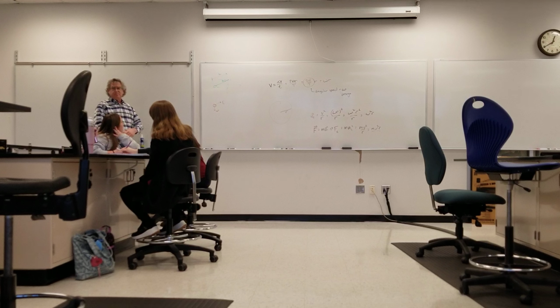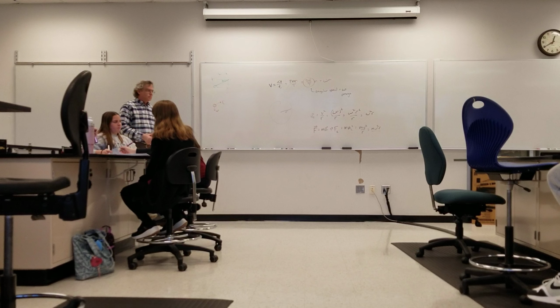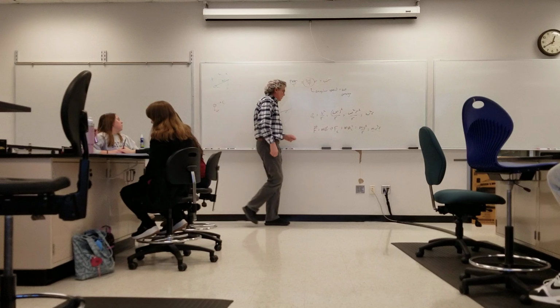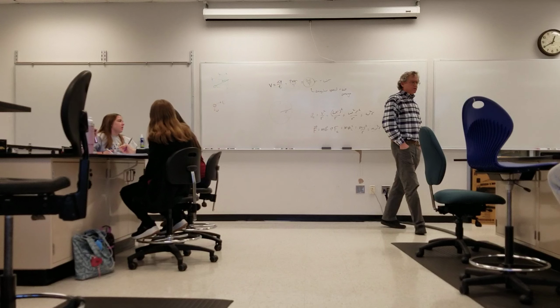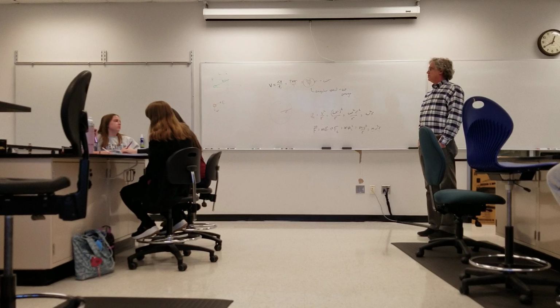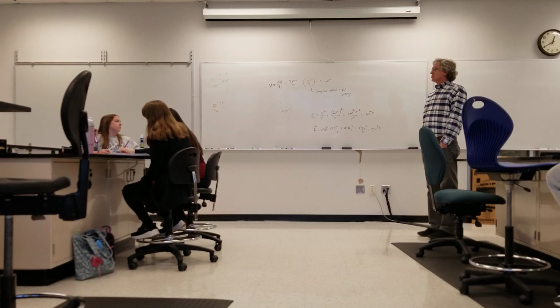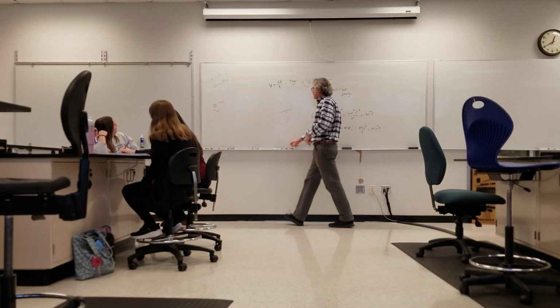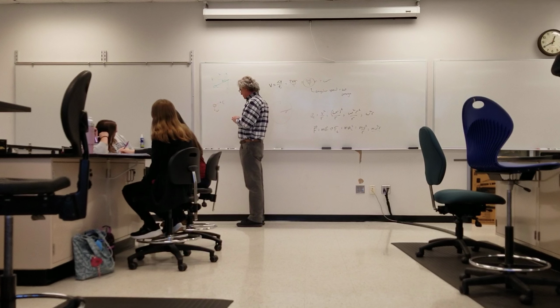Anything else? All right, so this is the force diagram. What is the direction of acceleration? The center. In which direction is the center? Right. So my acceleration is that way.